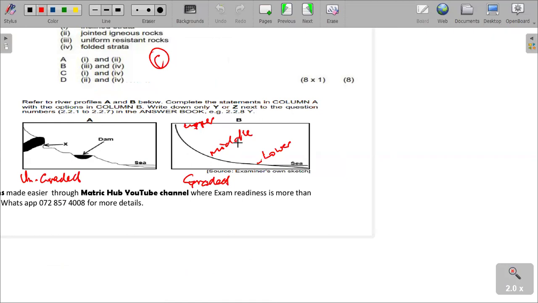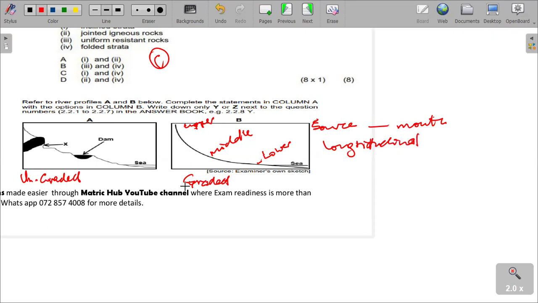What we are saying is that this is a longitudinal profile, because it is showing the river from the source to the mouth. It is a longitudinal profile of a river.